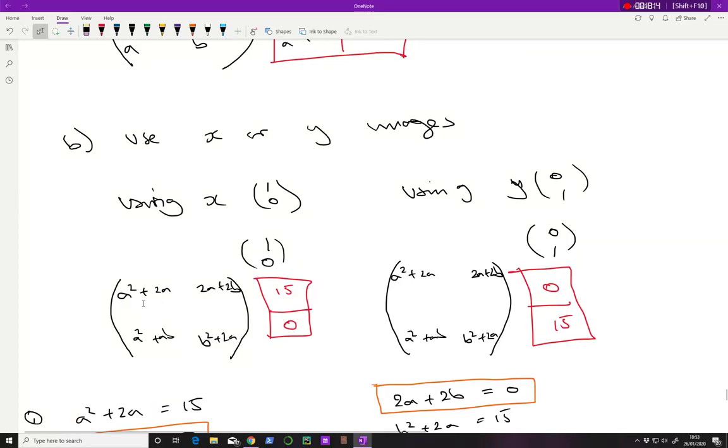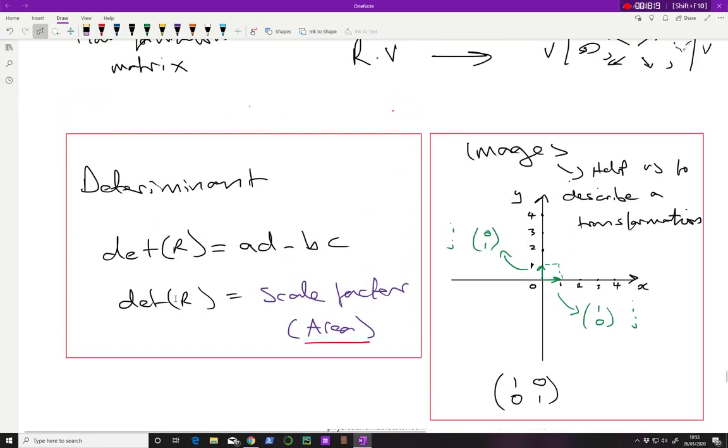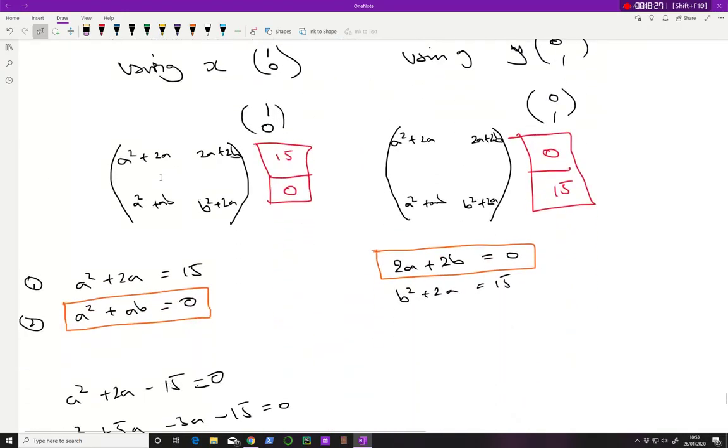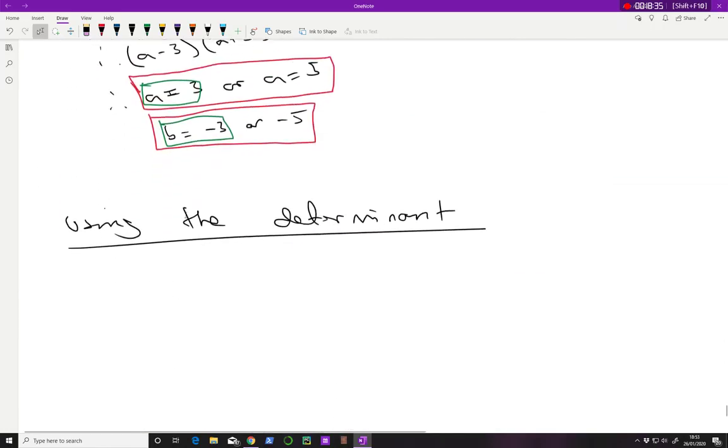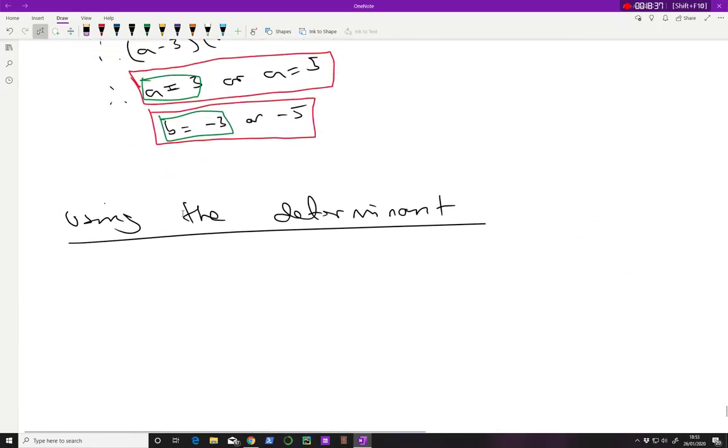If we were to create the determinant of this matrix here, the determinant is the diagonal subtracted by the opposing diagonal. So AD minus BC. So it's going to be a squared plus 2a times b squared plus 2a, minus 2a plus 2b times a squared plus ab. So I am going to write that down.